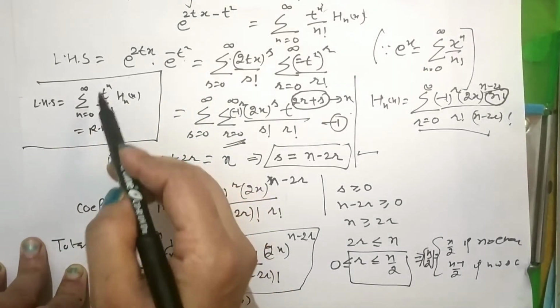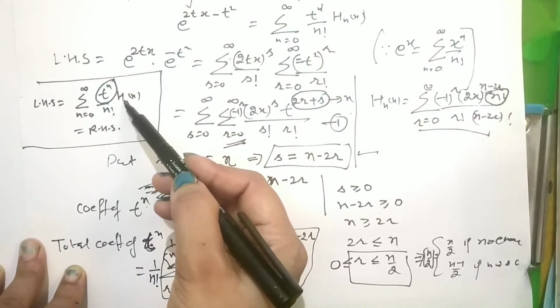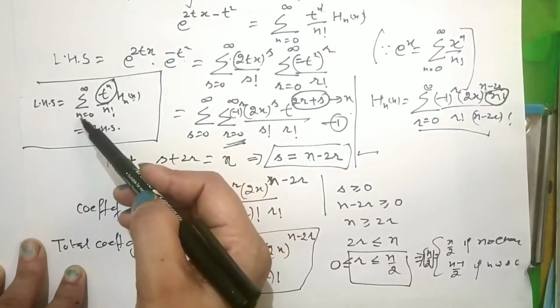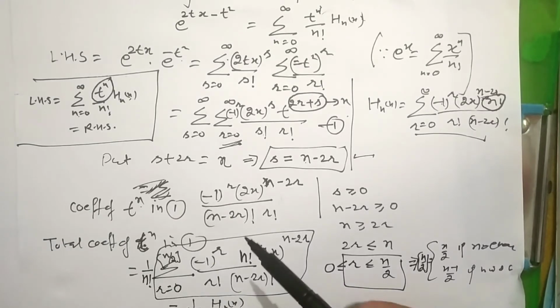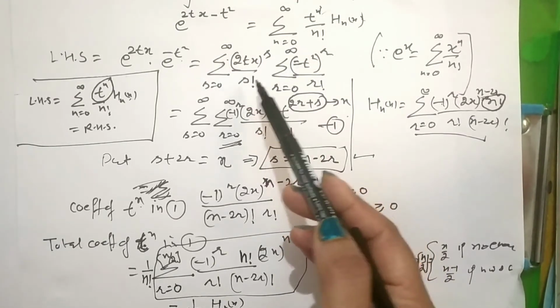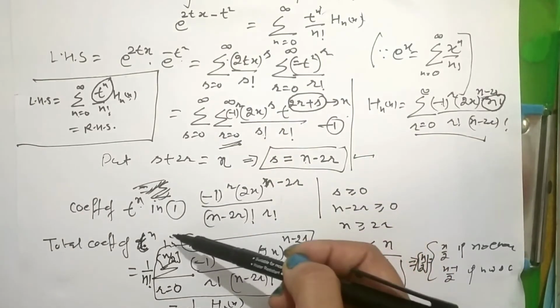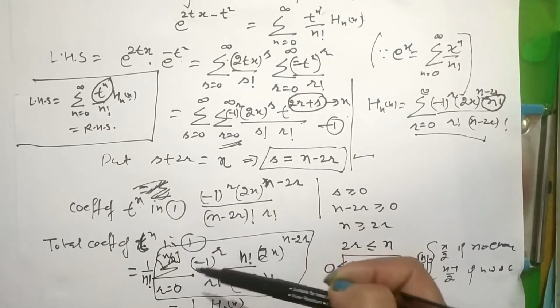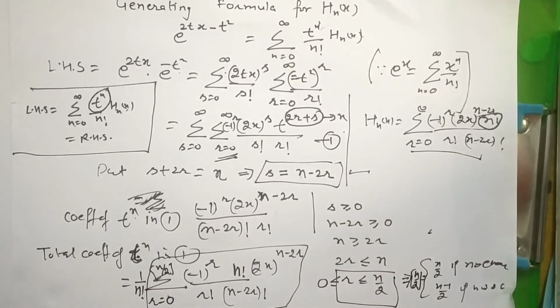Why this? Because we have solved the coefficient of t raised to power n, which is h n x upon n factorial, and the summation varies from 0 to infinity, that we know because we have two summations. We expanded one summation, that of r, and we found the value of this. So this is the first formula, that is the generating formula.